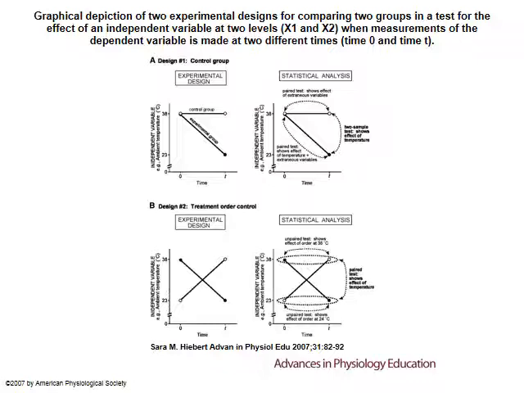You can also look at the two different treatments within a temperature, so at the different times, to see if there's an effect of order. So you would do that at both temperatures and see if there's an effect of order.